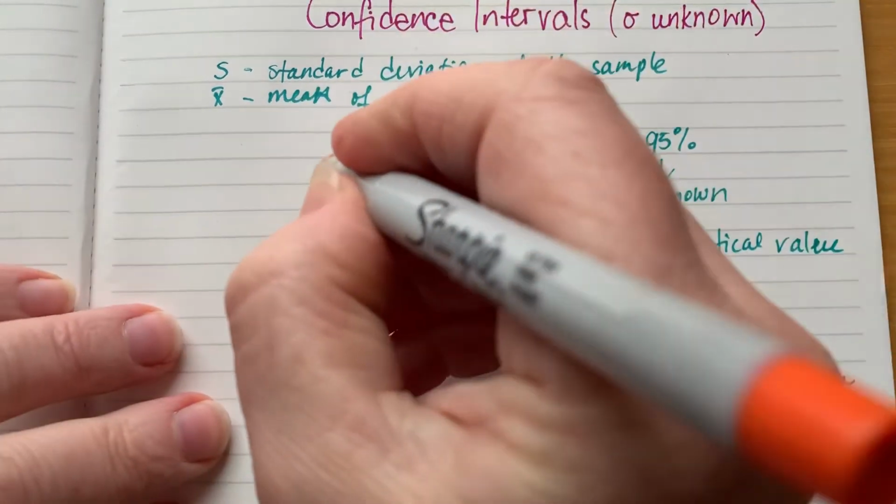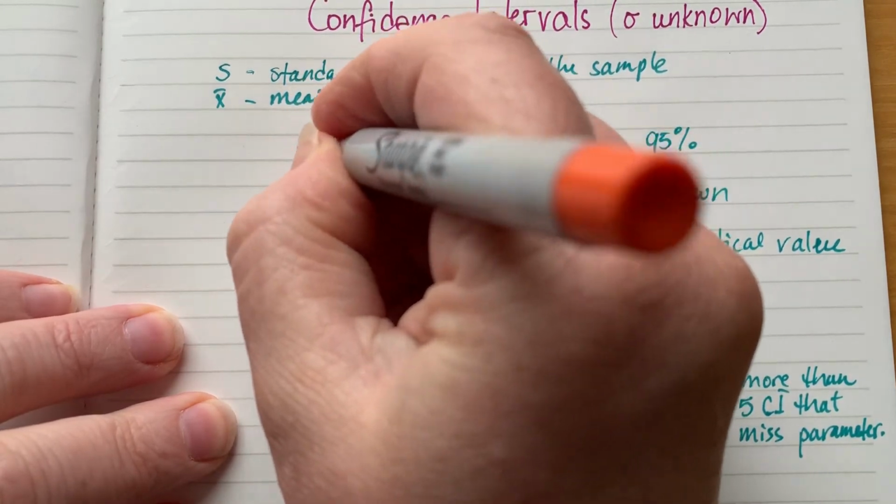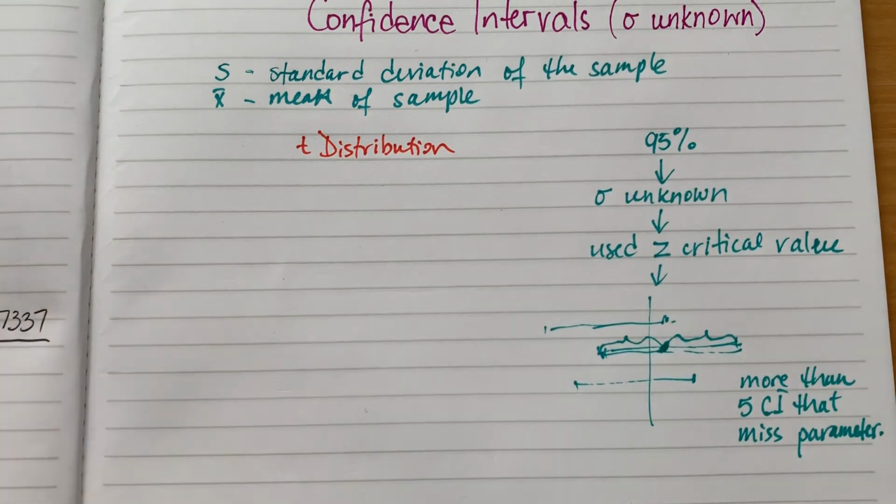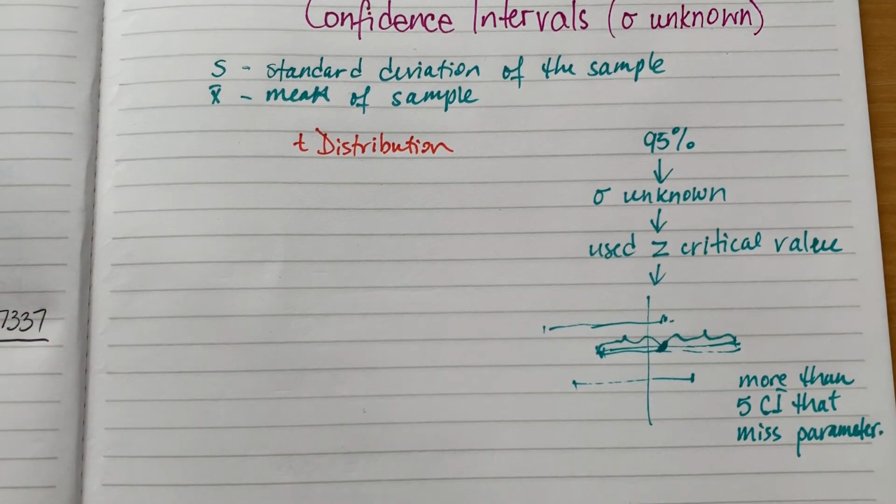Now, this t distribution is very similar in a lot of ways to the normal distribution. It is also bell-shaped. It's symmetric about the mean. The mean, the median and the mode are all going to be in the same place because it's unimodal.